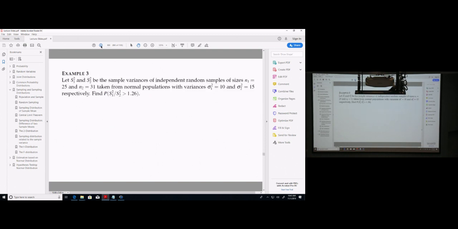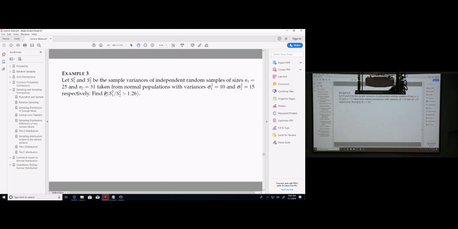Okay, this will come up in our hypothesis testing. Let S1 square and S2 square be the sample variances of independent random samples of sizes 25 and 31, drawn from normal populations with variances 10 and 15 respectively.